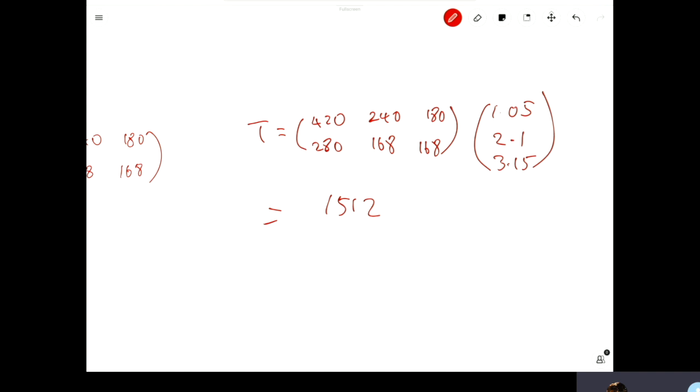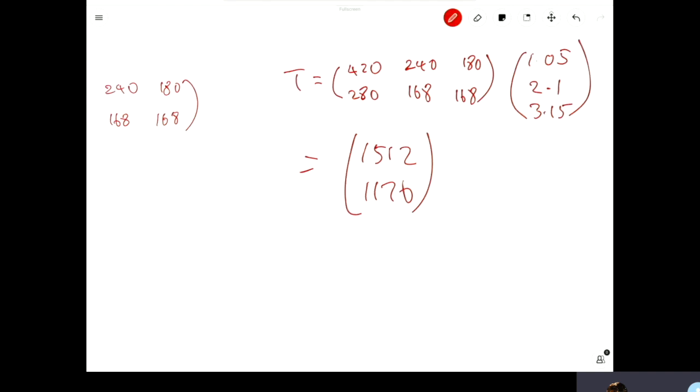Then the other is 1176. So the total is this, and actually I need to add them together because 1512 plus 1176 equals to 2688. So this is the total amount he collected.